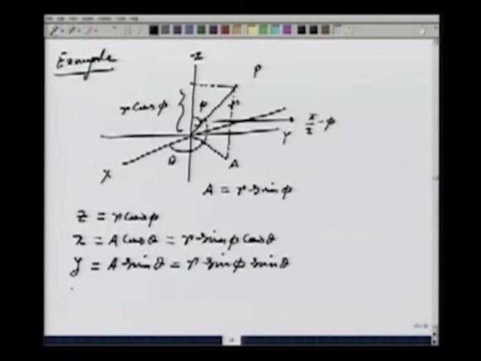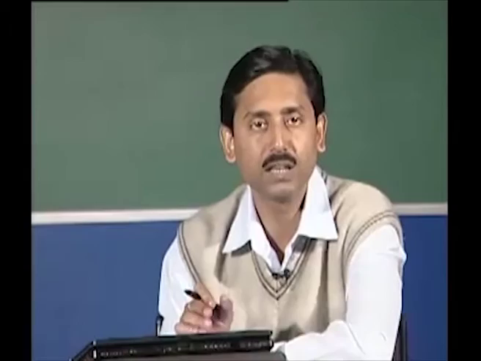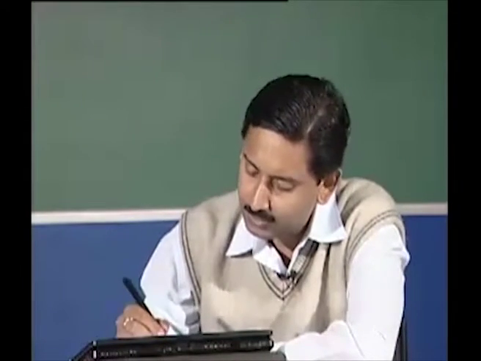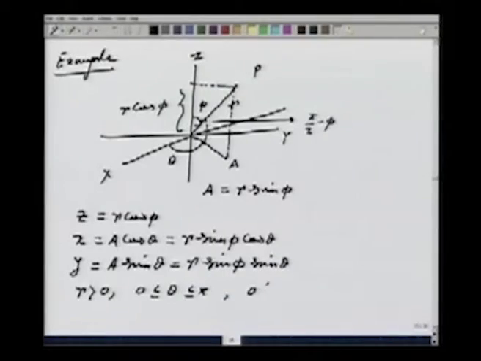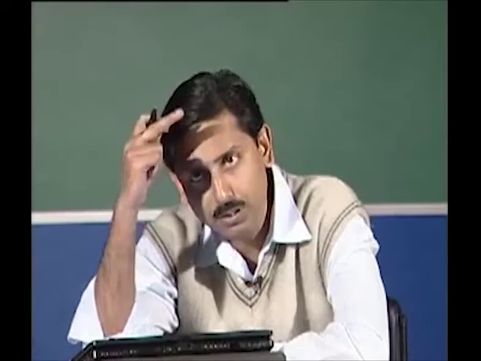So what are the restrictions? r is always bigger than 0. For phi, I have 0 less than or equal to phi less than or equal to pi, because the point comes from the top to the bottom.